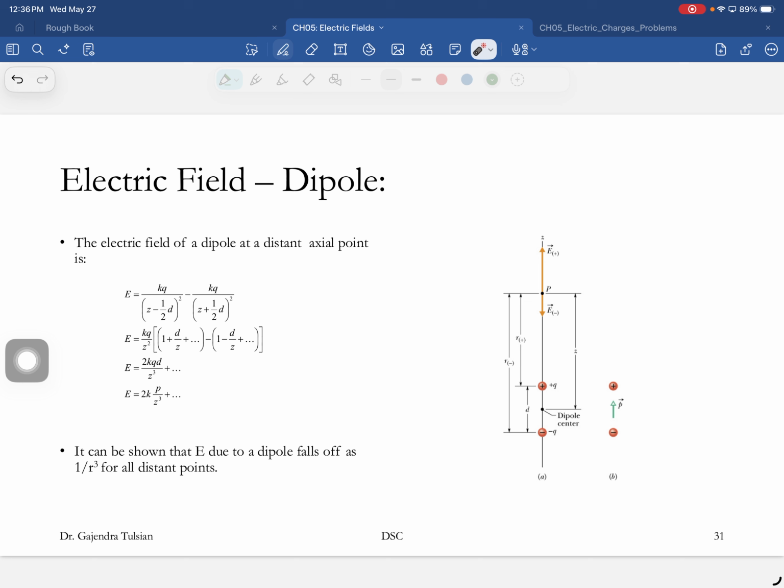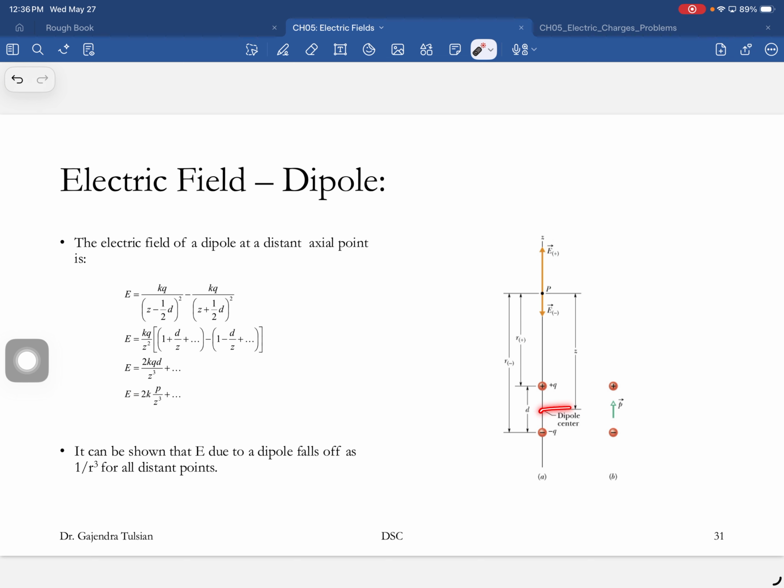All right, so here's a dipole. What is the electric field far away? Far away, what do you see? This positive charge is sitting right on top of the negative charge, and you see a zero electric field. But if you're at a distance not large compared to this, then you'll see an electric field. It turns out that the electric field falls off faster than for just a charge. I'm not going to go through the detail. This gives you the magnitude of the electric field along an axial point.